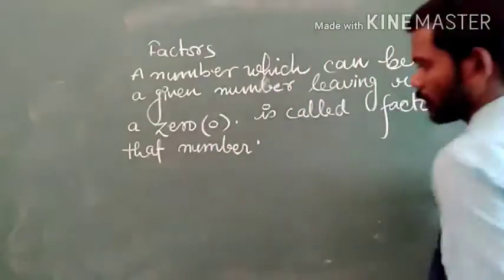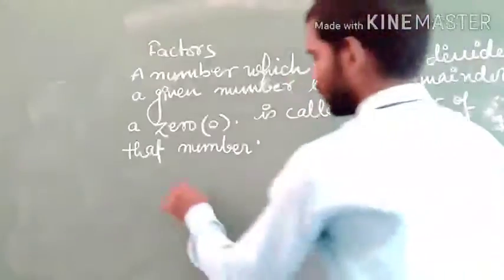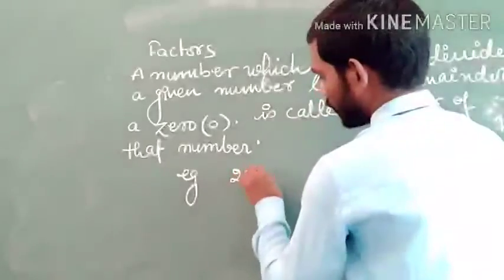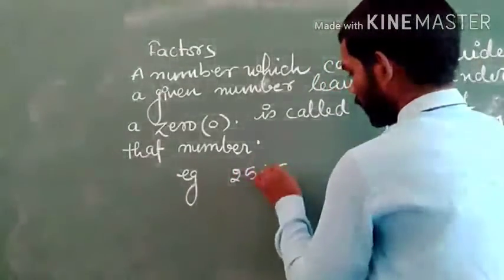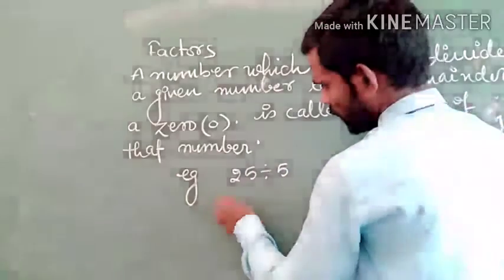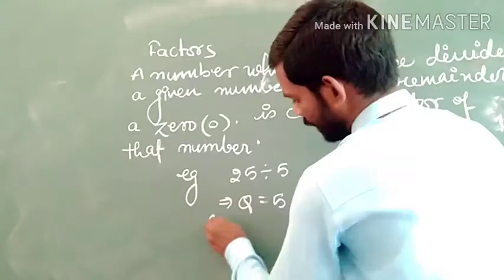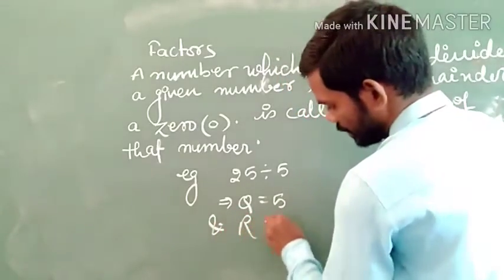For example, when 25 is divided by 5, then here we get quotient 5 and remainder 0.